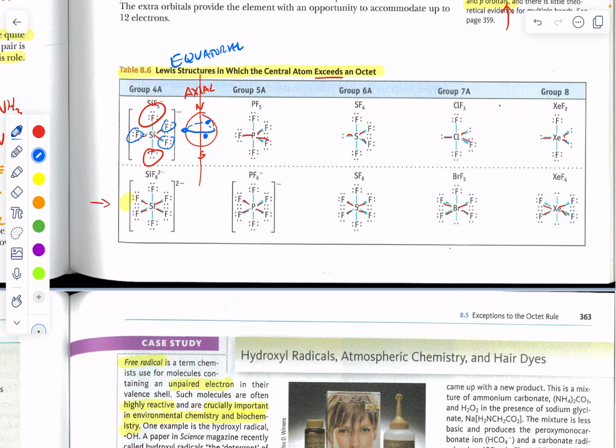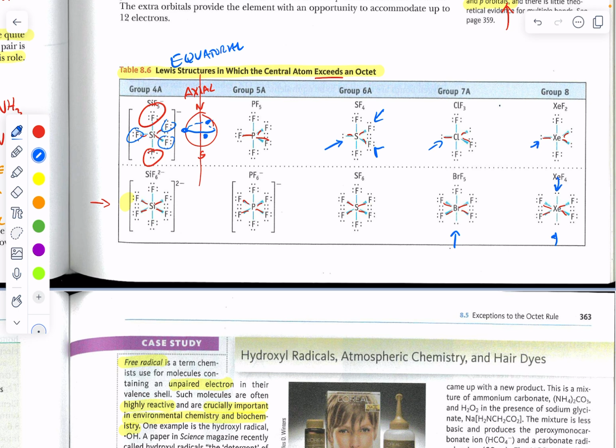You can see sometimes your extra electrons are connected to a fluorine, like here, and sometimes those extra electrons are not connected to anything but form a lone pair, like there and there. The same is going to be true in the second row, where you have 6 fluorines across the board. Here there is a lone pair, and here there are 2 lone pairs.